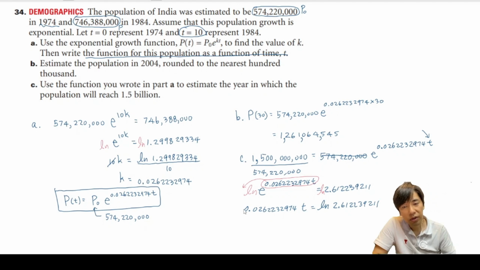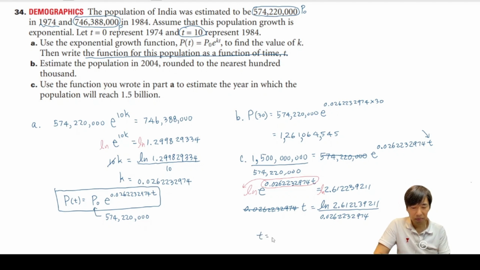So you divide each side by this number, 0.0262232974.